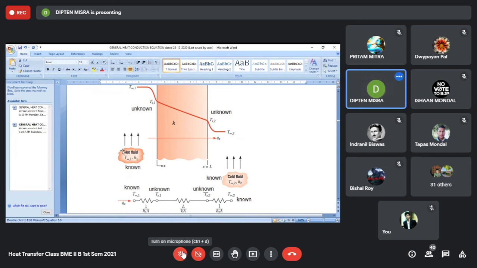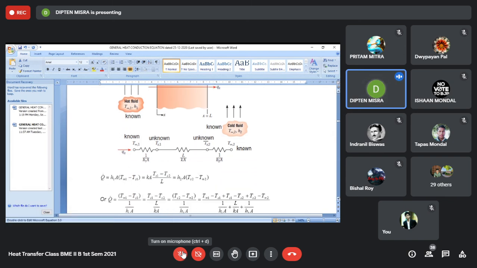So what you know for this side is that T infinity 1, the free stream temperature on side 1, is known, and the convection coefficient is known. Similarly, we know the convection coefficient on the other side, side 2, and the free stream temperature on side 2. These two we know. Now, let us see how the heat flows, the heat that flows from the left hand side, that is the hot fluid, to the side wall.